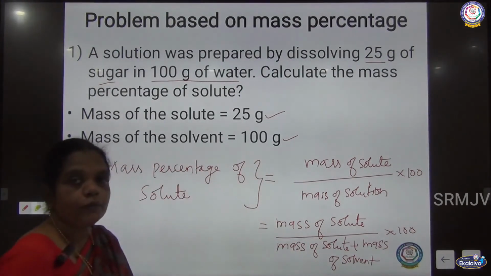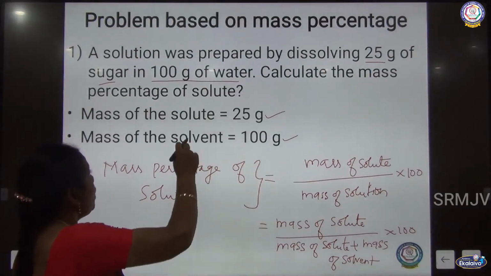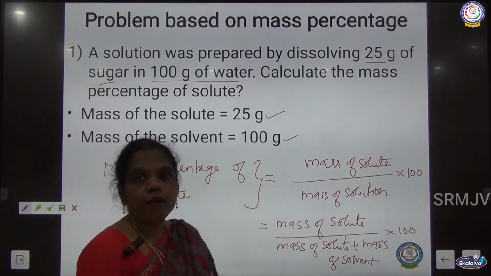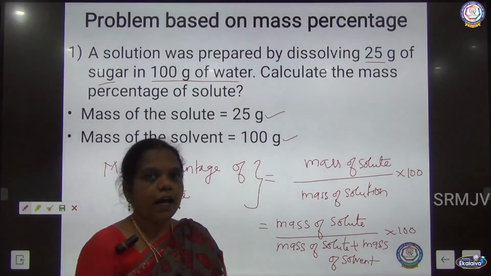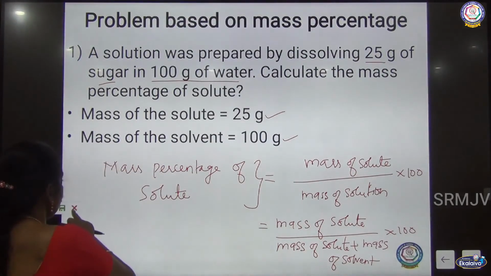Now you want to substitute the value. So what is the value? The mass of solute is 25 gram and the mass of solvent is 100 gram. Now you want to substitute the value to this equation.